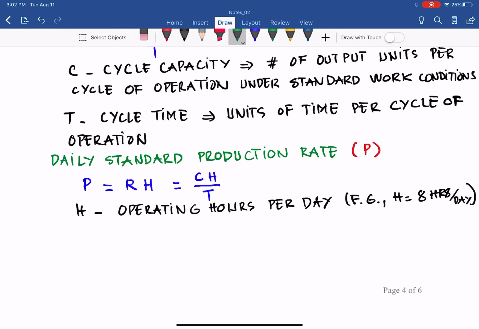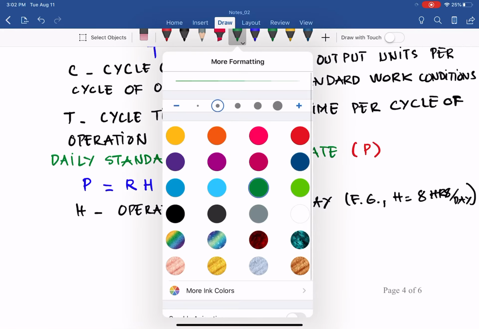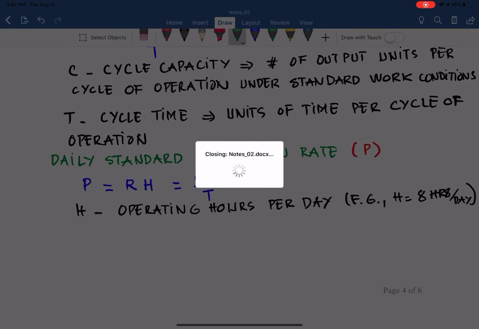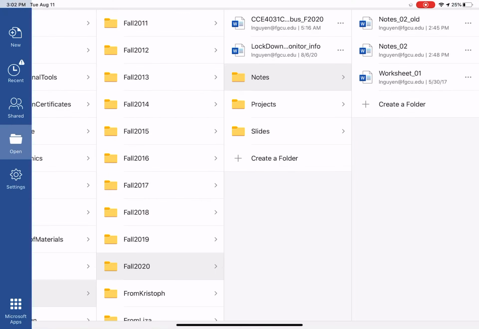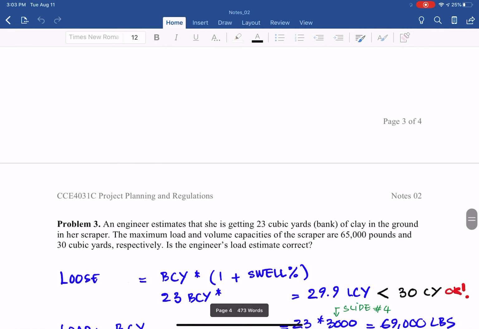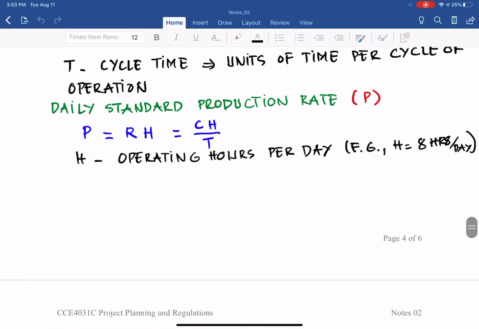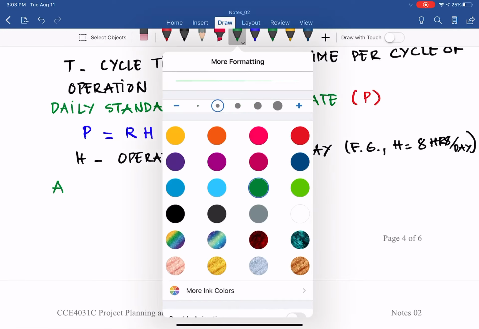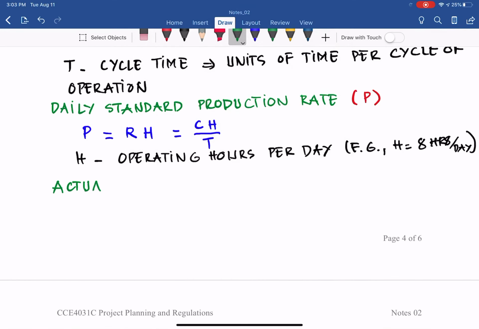That is the last concept we are talking about before we move on to the problems.